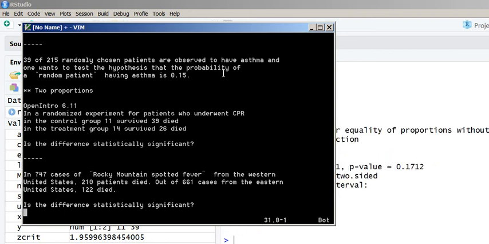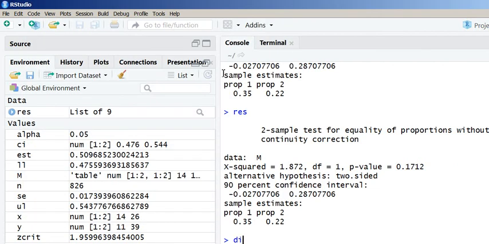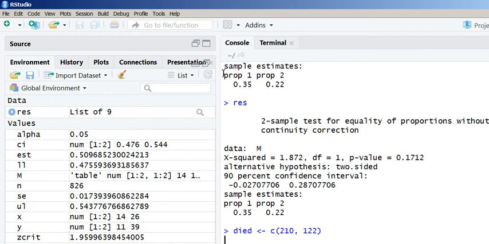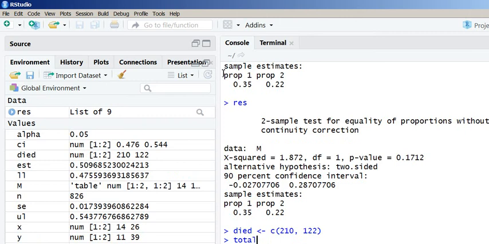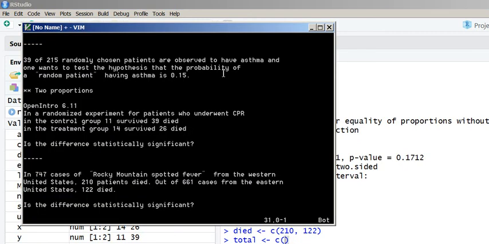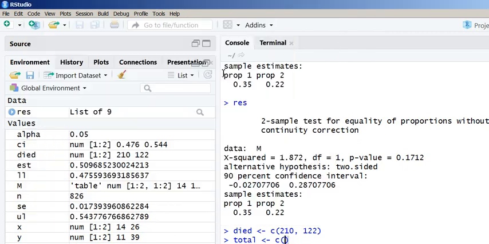So to work this out in RStudio, prop.test is going to do the work for us. So 210 died, 122 died. Let me have this c(210, 122), and we have the totals, 747 and 661.